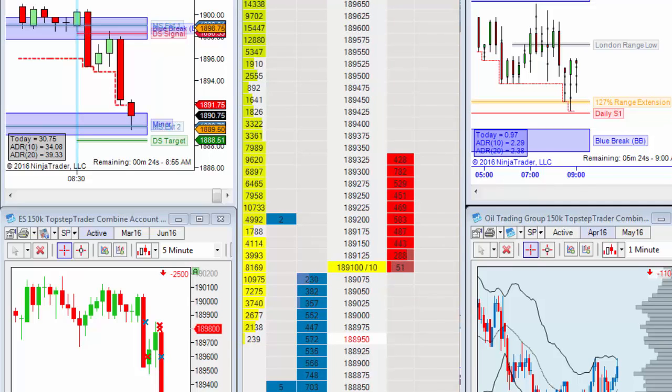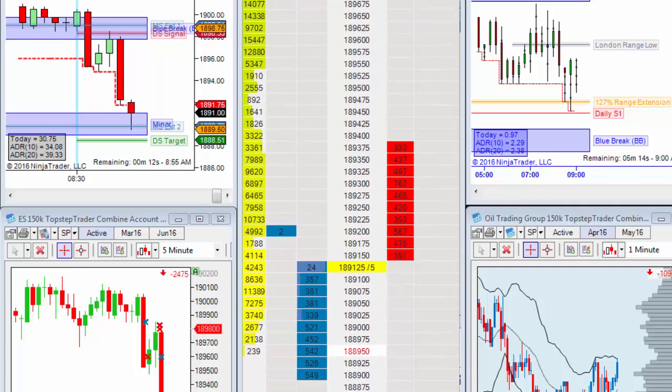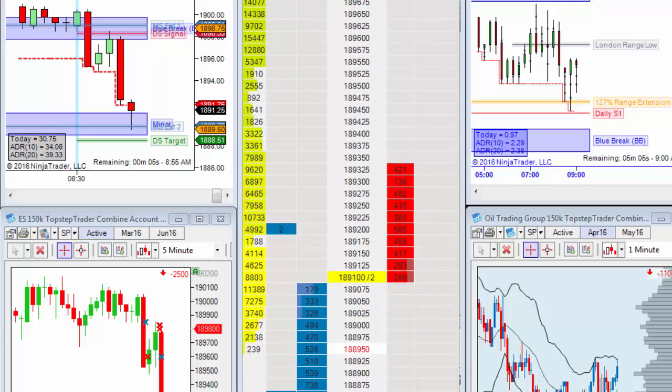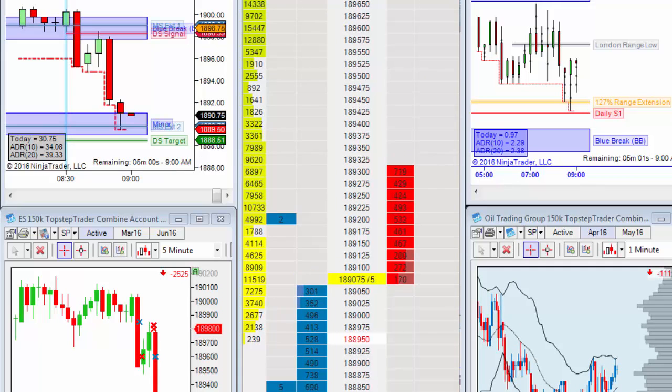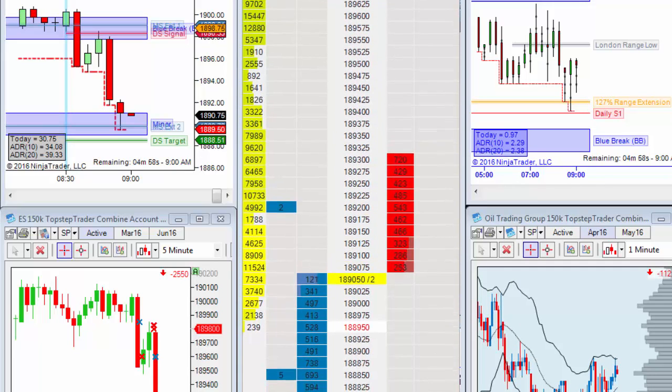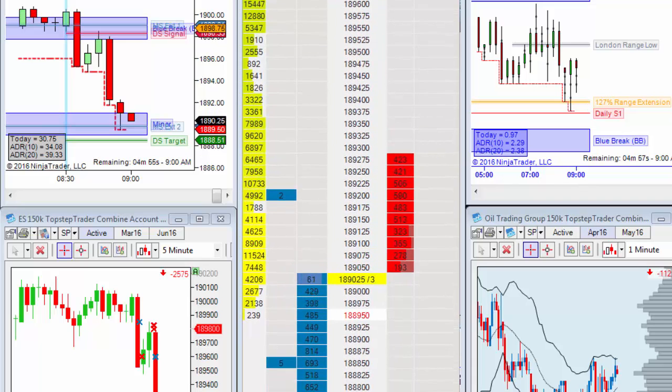Protecting 6 of the 7 points right now. ES is still dragging down. The NQ is trying to lead the way up here, along with the TF. 1888 and a half.